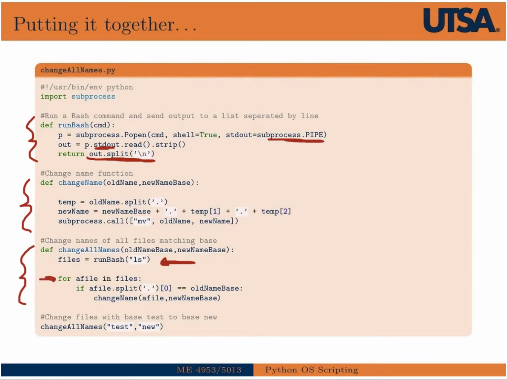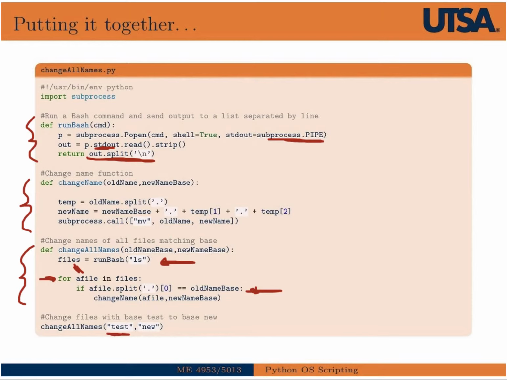So for a file in files, which comes from here, we're going to loop over that, and every time we're going to then change the base name if and only if the base name matches the old base name. So in other words, in this particular case, you'll see in a second, there's files in my directory that I don't want to change because they don't match the keyword test.